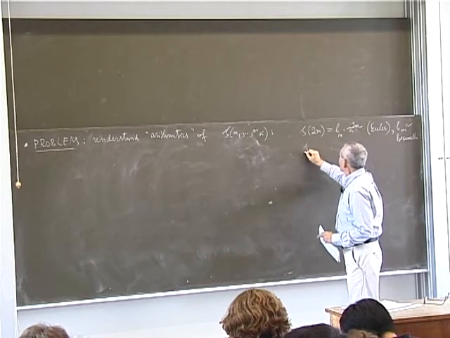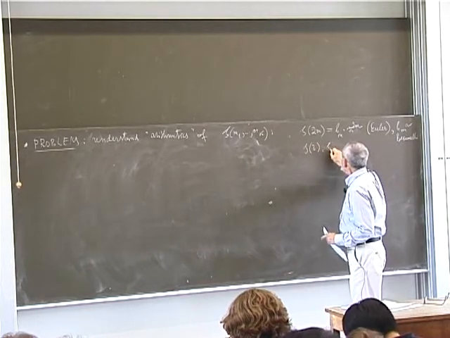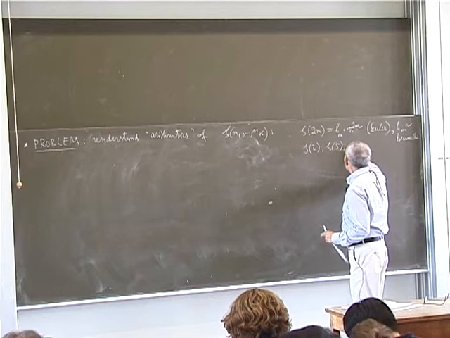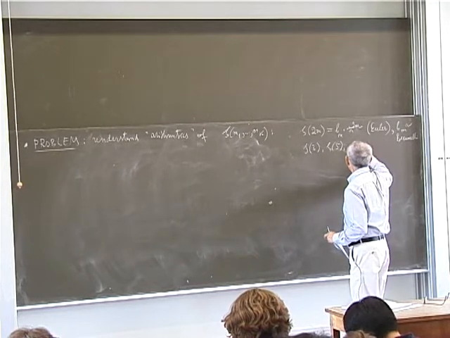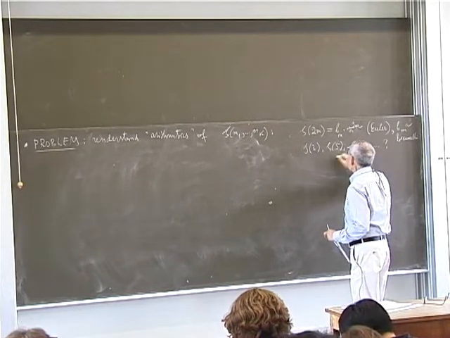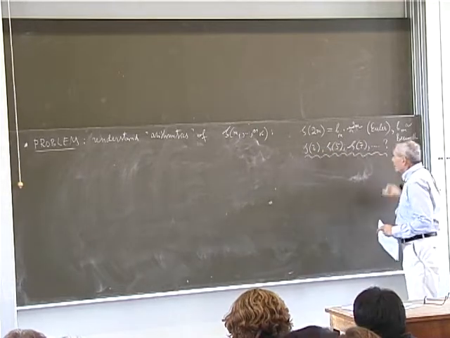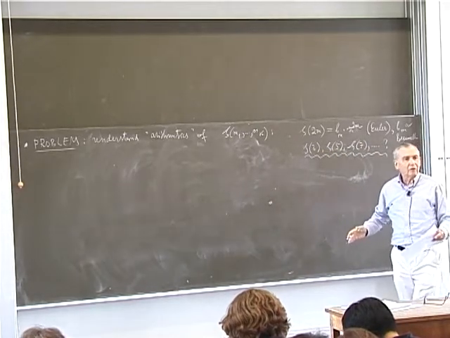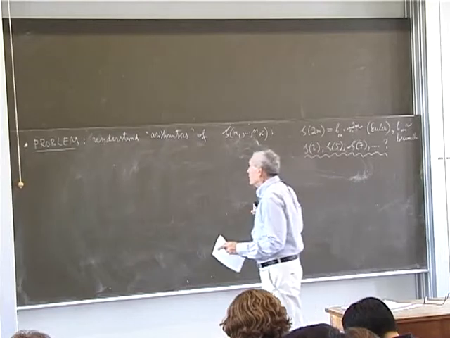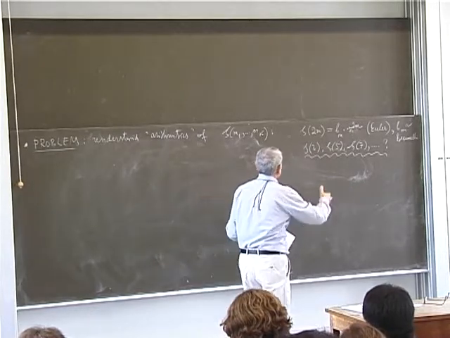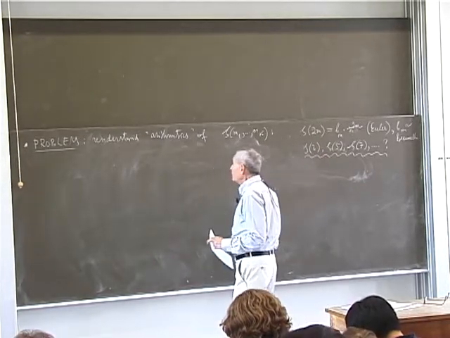But the odd ones are more or less still a complete mystery. Conjecturally, they are totally new transcendentals, new in the sense that there are no relationships between them and anything else that we know.